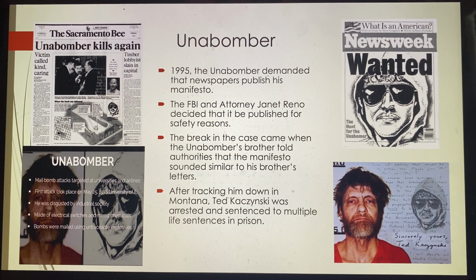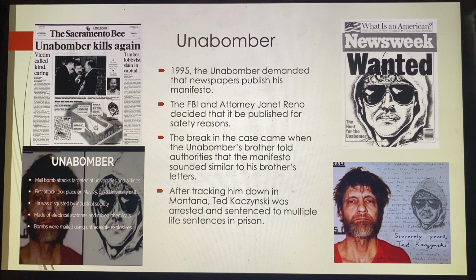So after tracking him down in Montana, Ted Kaczynski, I think that's how you pronounce his name, was arrested and sentenced to multiple life sentences in prison. I always just call him the Unabomber.